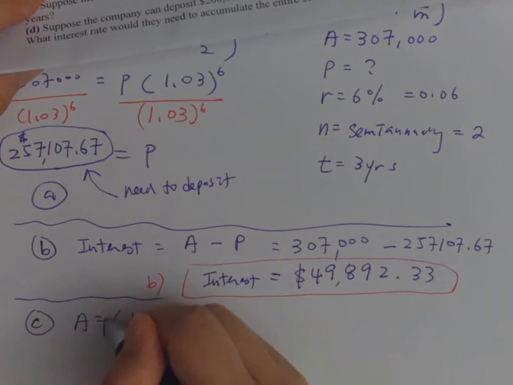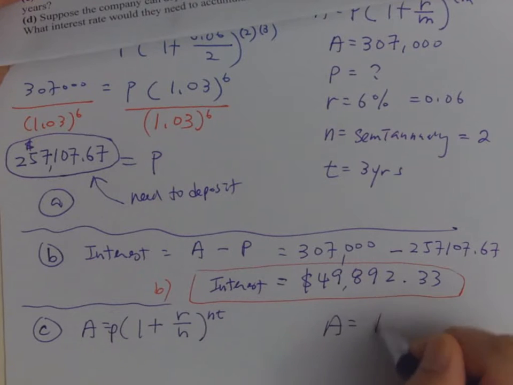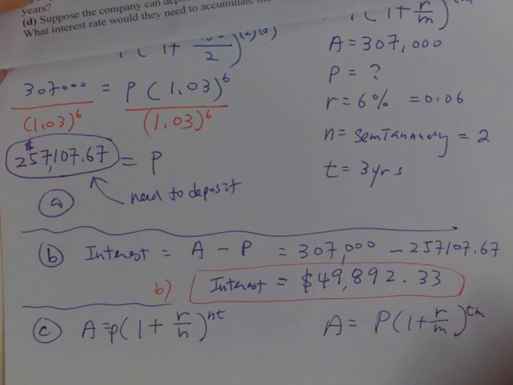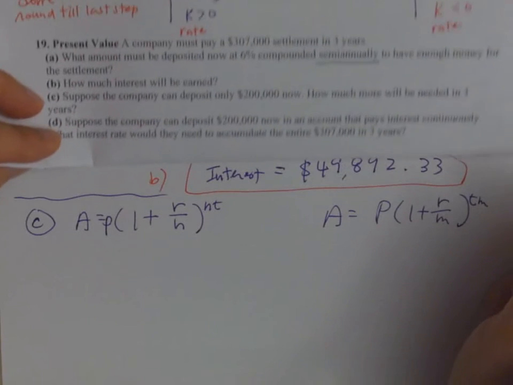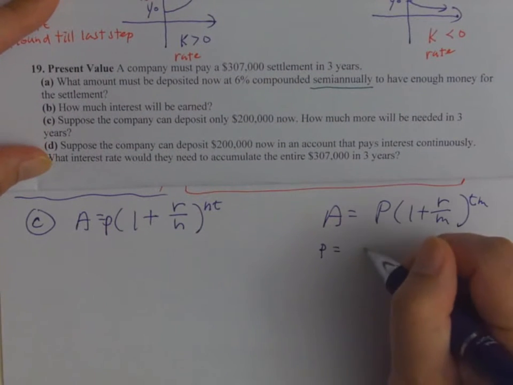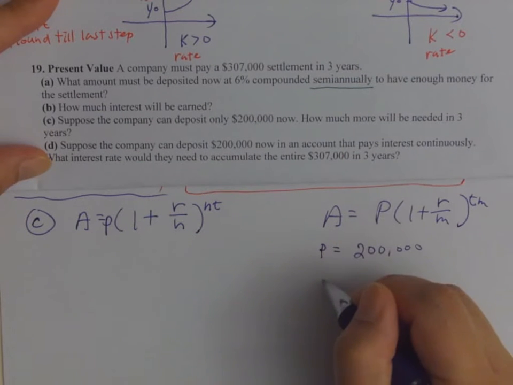I'm sorry, I was missing a P here. Or you use the book formula. Okay, so if I use that formula, but for the principal, I'm going to have only 200,000. The rest of the conditions are the same.